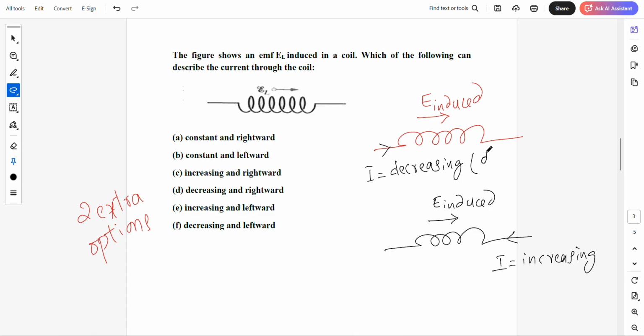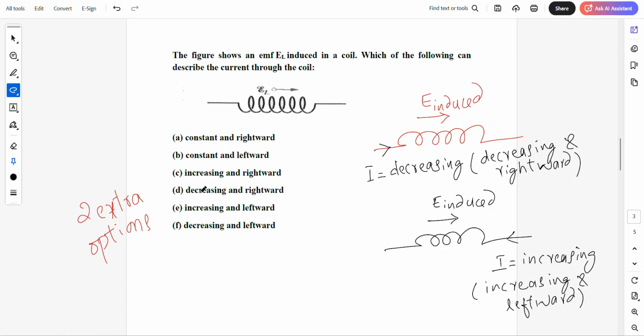Decreasing and rightward, very good. Here the second option is I is increasing and leftward. Both the cases are possible, either this or this one. Increasing and leftward. Hope you understood.